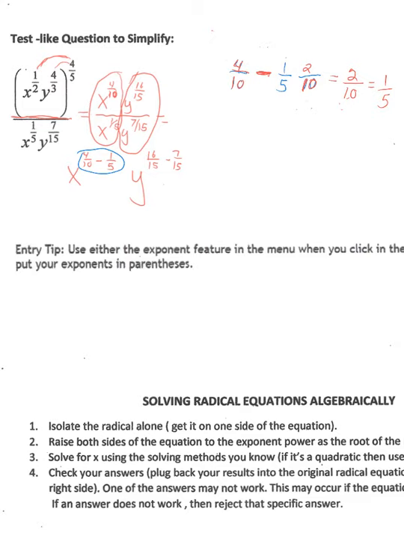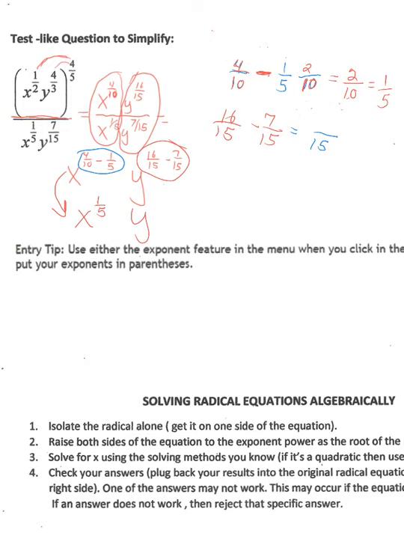So I've got a final answer. Let me go back to that problem down here. And we've got the x turns out to be 1/5. And the y, oh, that one's easy. I get 16/15, take away 7/15. I got a common denominator. Yay, I don't have to change anything. I got so many 15ths.